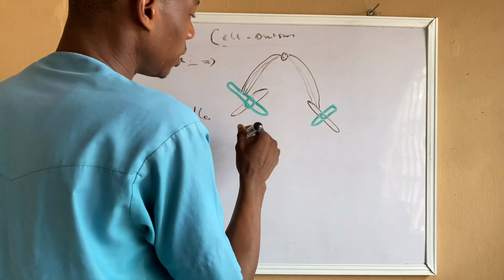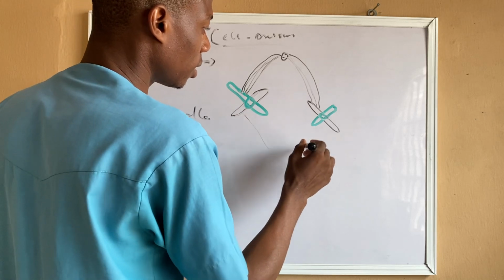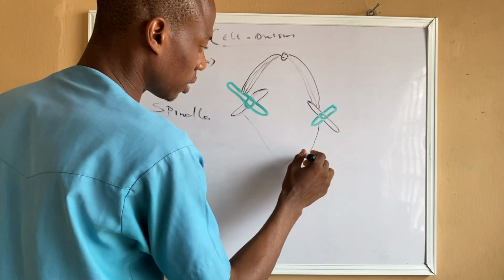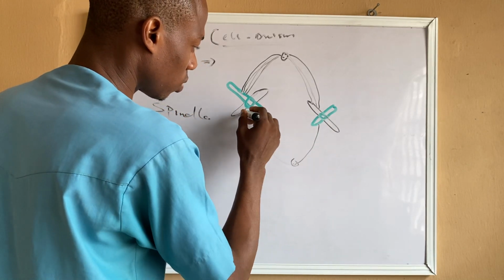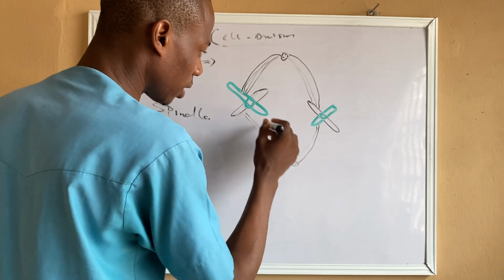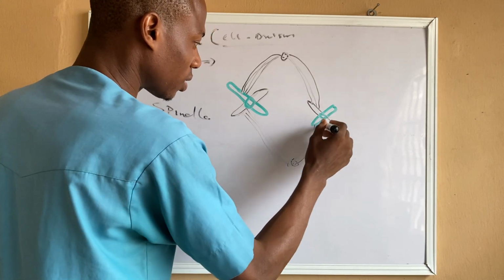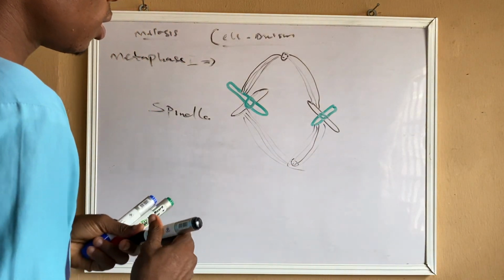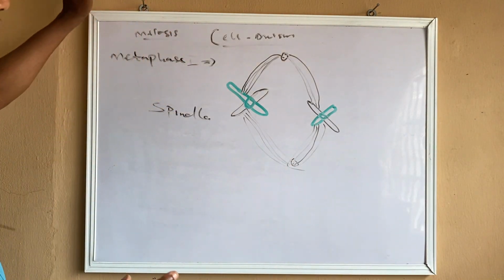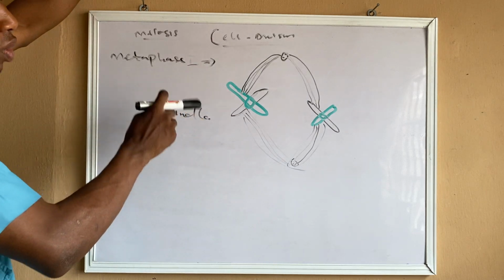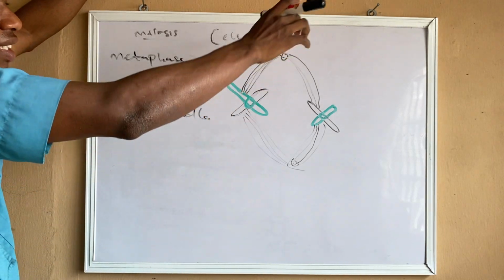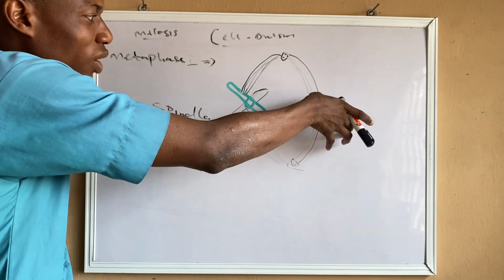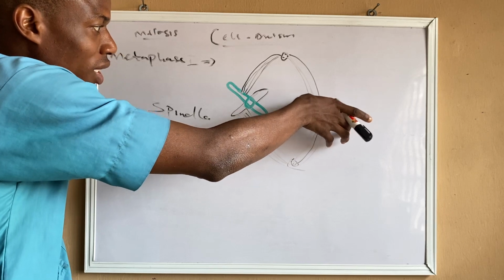So similarly, this wants to react with this. So there's a reaction like this. The spindle wire is trying to connect to each other, right? This is exactly what happens in the metaphase. The spindle in each of the chromatids is trying to react with another spindle in the other chromatid.